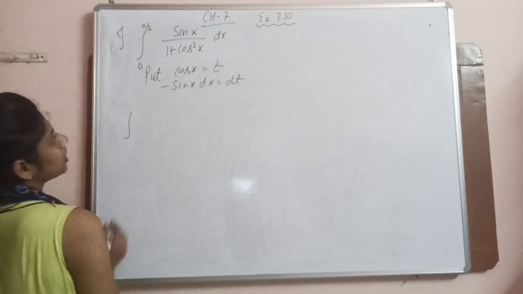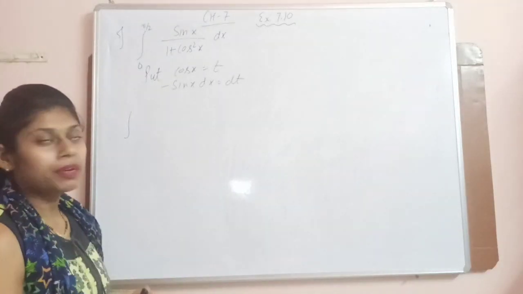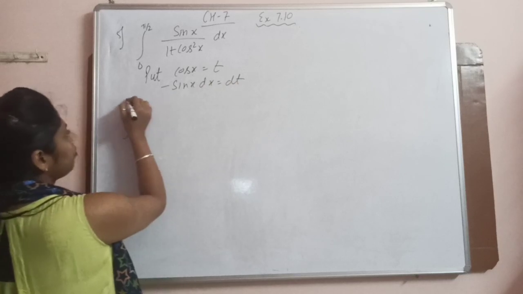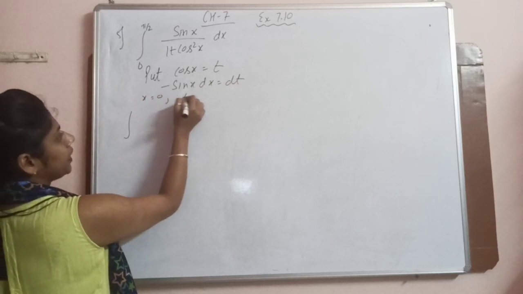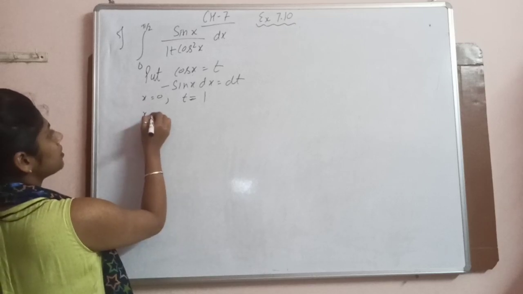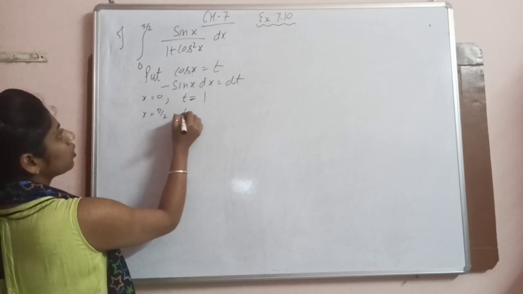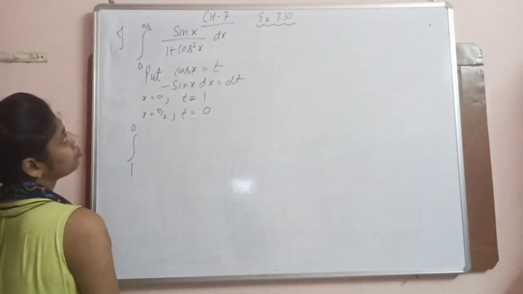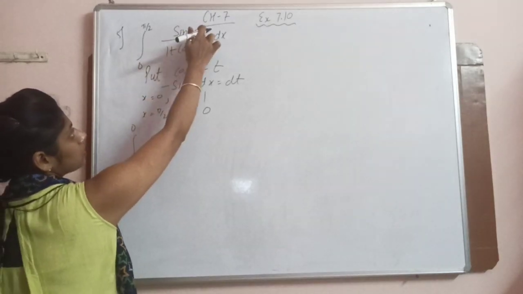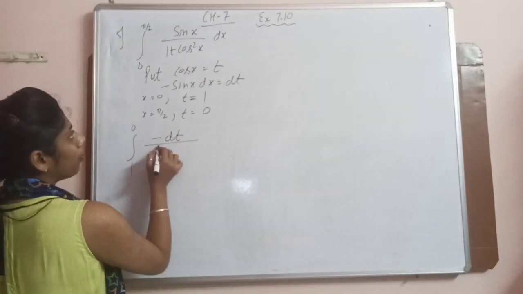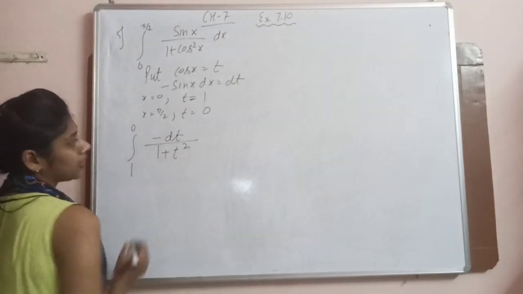So according to this, the limits will become: if x is 0, then t is cos 0, which is 1, and if x is pi by 2, cos pi by 2 is 0. So limits are from 1 to 0. Clear? So sin x dx is minus dt upon 1 plus t square.